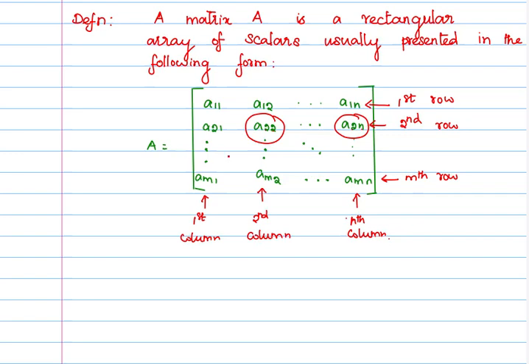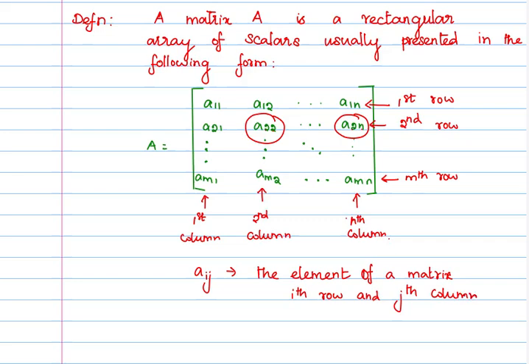Suppose you have any arbitrary element, we can denote it as Aij. That means this is the element of the matrix whose position is ith row and jth column.